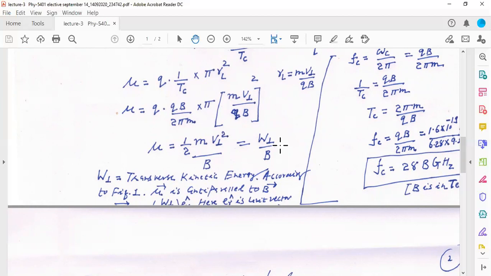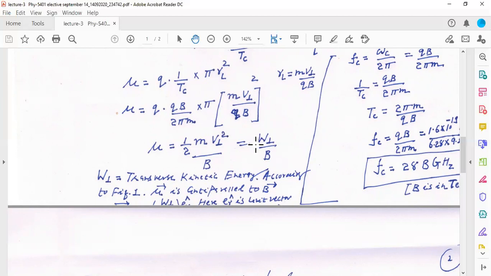Please remember, e_r caret is the unit vector in the direction of the applied magnetic field. The applied magnetic field is going into the plane of the paper, so the direction of the unit vector is also going into the plane of the paper, and your magnetic moment vector will have a minus sign.